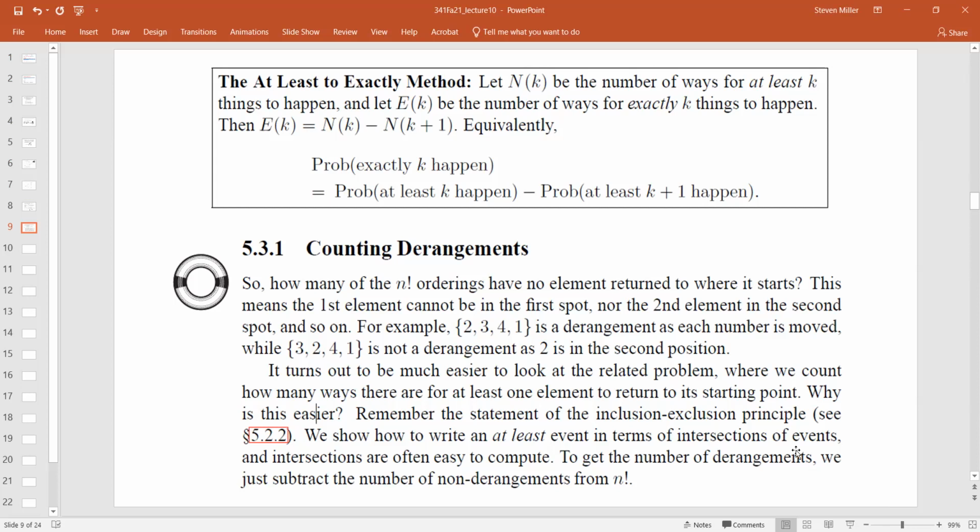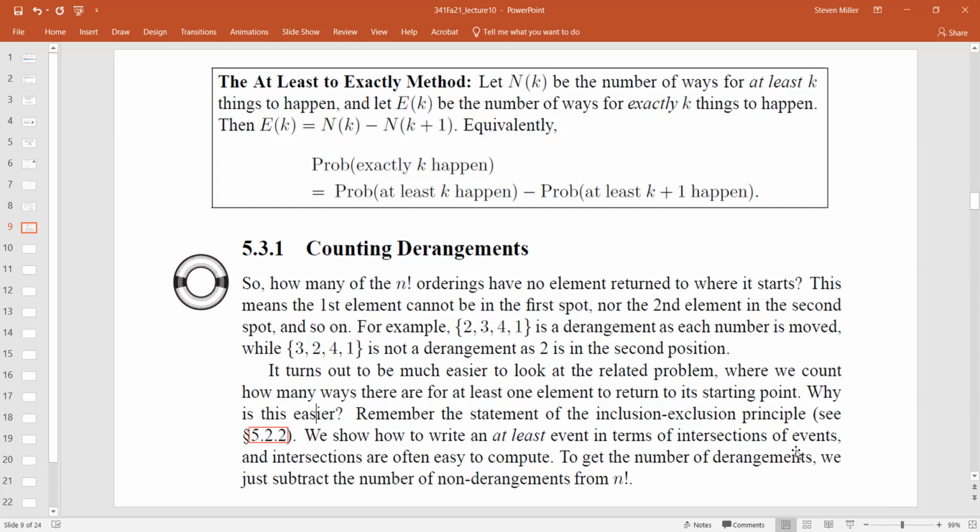Do you think you can go in the other direction? If you can compute exactly, can you get at least? As long as this is countably many. If you want to calculate what's the probability that at least 5 things happen, it would just be the probability that exactly 5 happen plus exactly 6 happen plus exactly 7 happen. So we can go back and forth between the two. It's just a question of which calculation is easier.